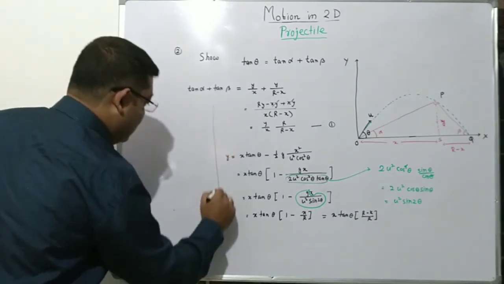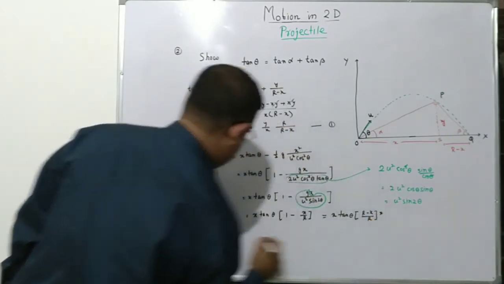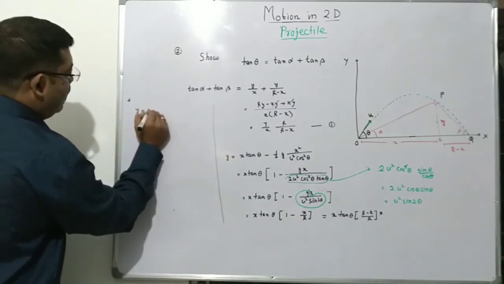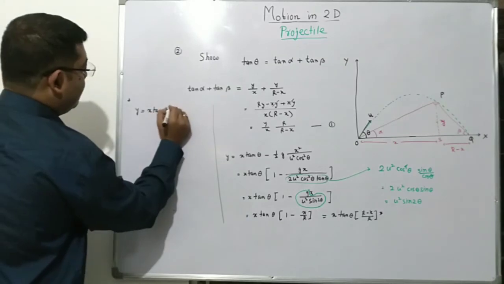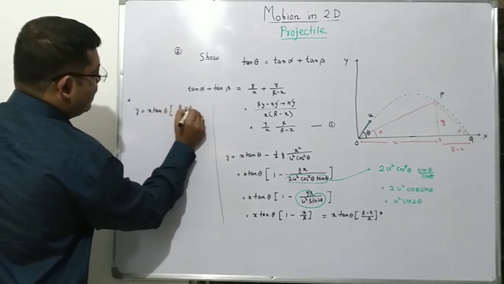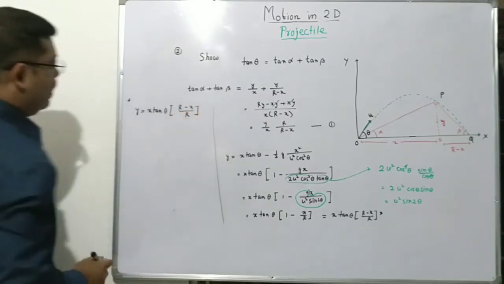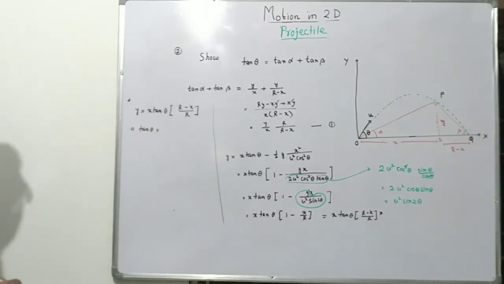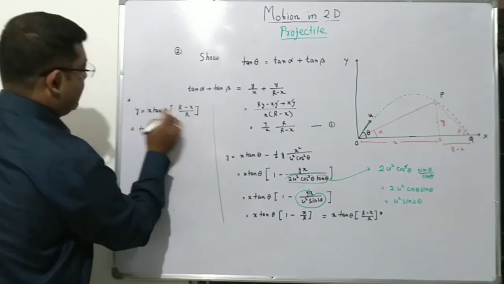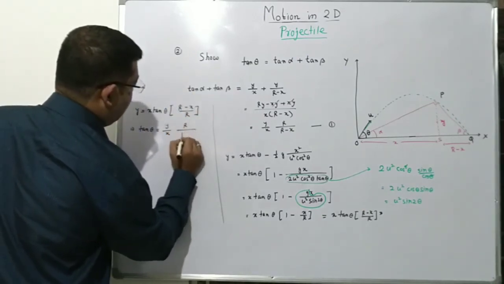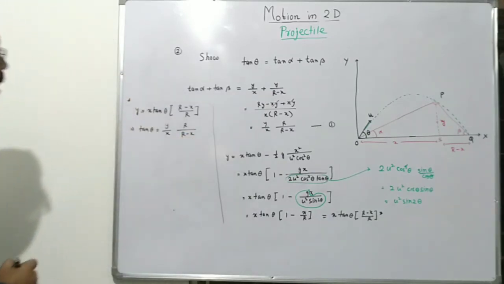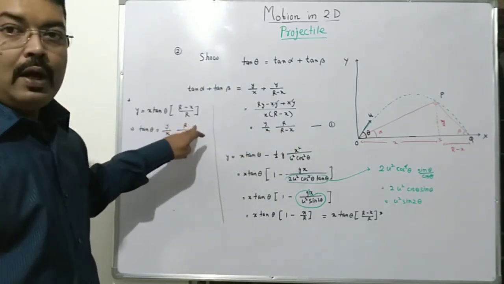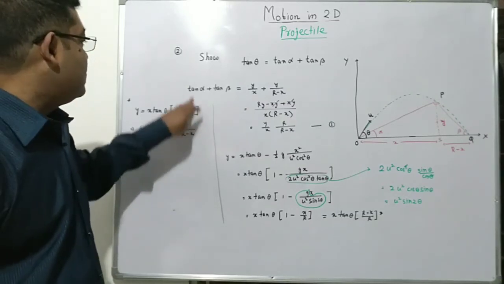So what we have found, let's bring it here: Y equals x tan theta into R minus x by R. Doing cross multiplication, we will have tan theta equals Y by X, and this goes to the other side, so it gets inverted, R by R minus X. Now if you look at equation number 1, this term Y by X into R by R minus X gives us tan alpha plus tan beta.